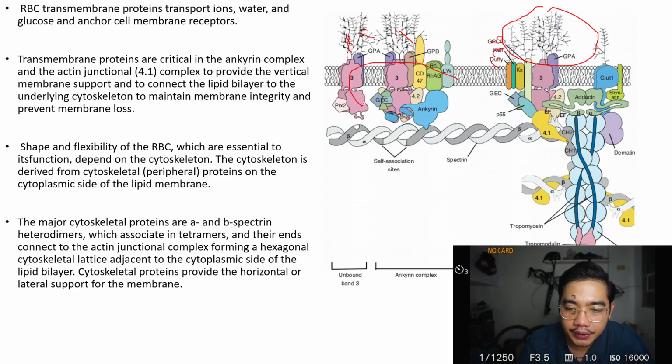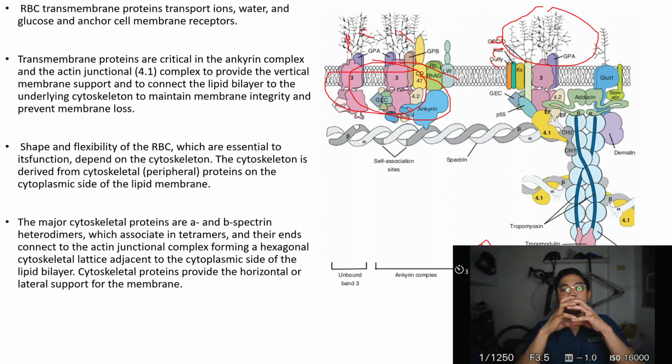So your ankyrin complex, kani sila, your ankyrin complex and actin junctional. What they do is they provide vertical support. So what does vertical support mean? Meaning they limit the stretching of your RBC membrane.